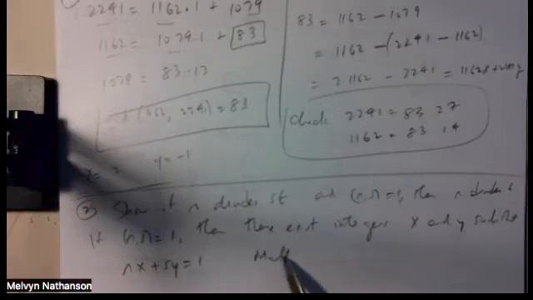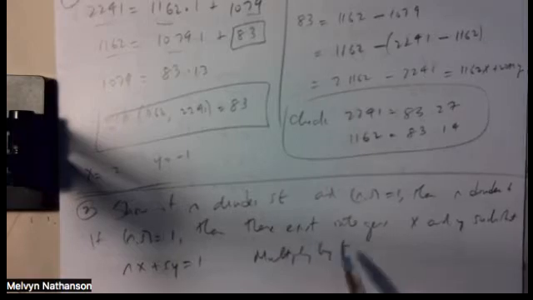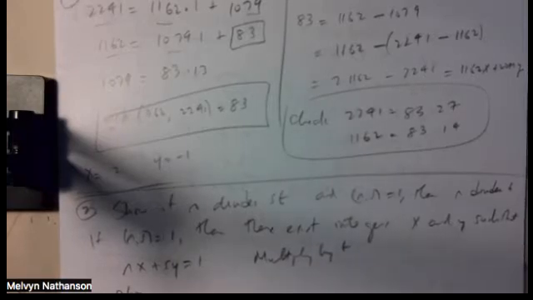If you multiply this equation by T, you get Rtx plus Sty equals t.